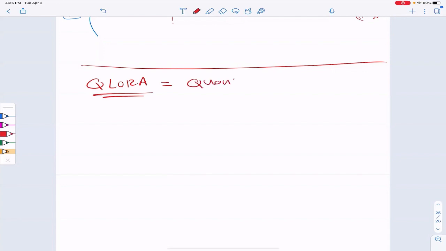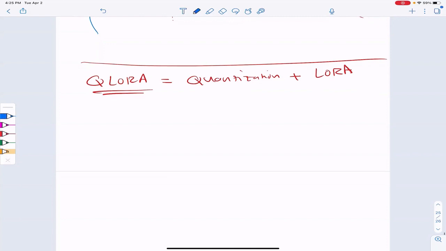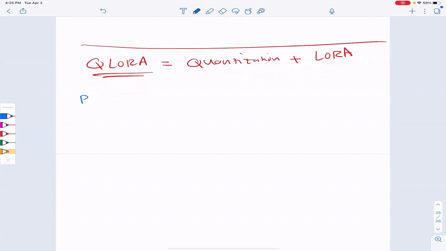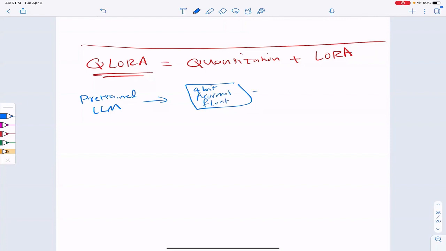basically combines the ideas from quantization and LoRA. Okay, so the way it works, if you have a pre-trained LLM, first you do the 4-bit normal float quantization that I mentioned.